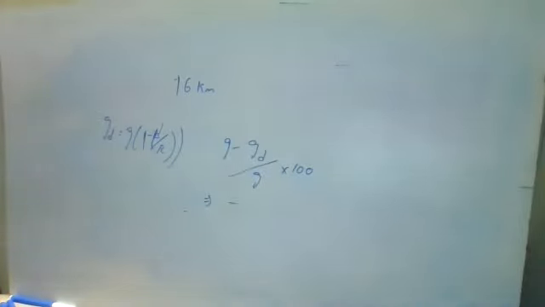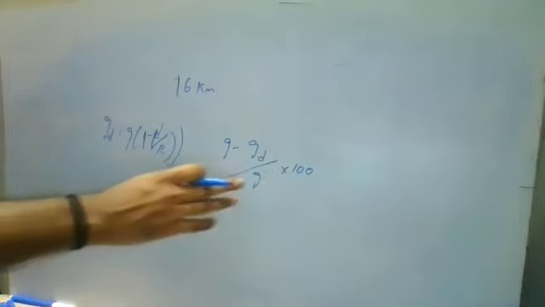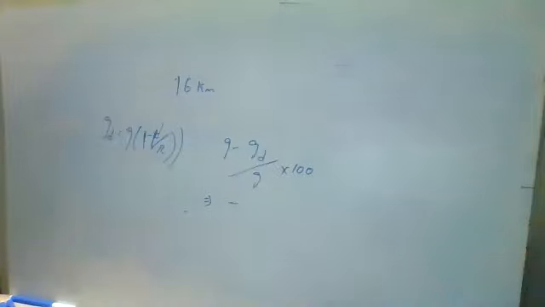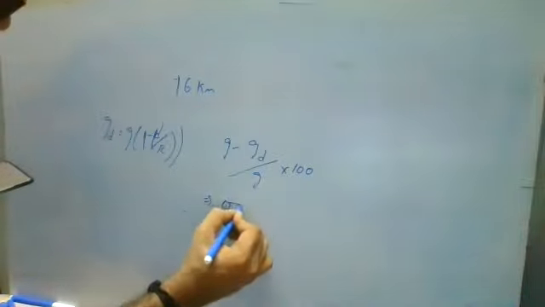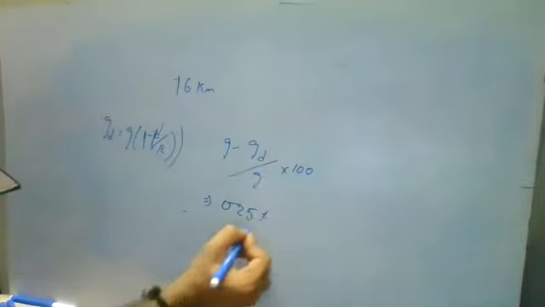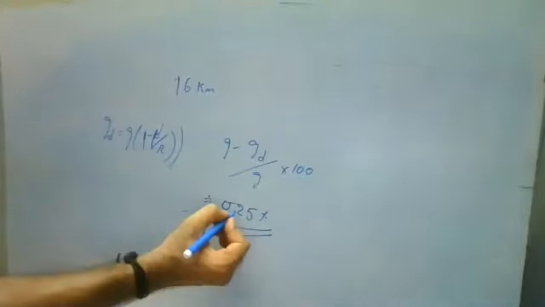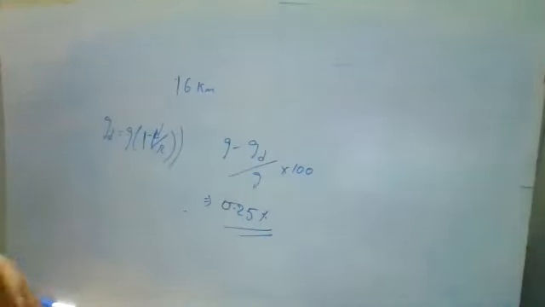Remember, here g will be cancelled out in the ratio, so you can take g directly. The answer should be around 0.25 percent. Try to find it. If not, I'll tell you.